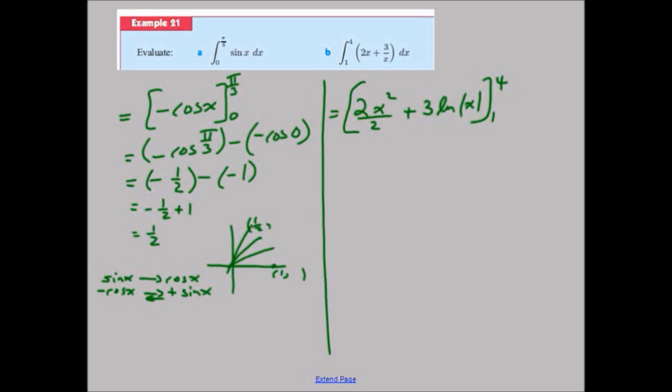Now you'll notice here we're actually going to be taking the absolute value, but they're both positive numbers, 1 and 4, so it won't look like we're doing much. Okay, so that's x squared plus 3 ln absolute value of x.